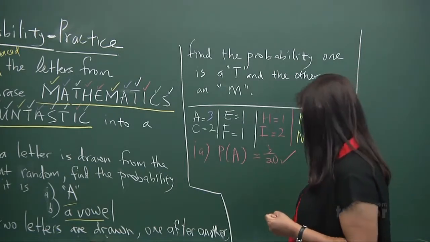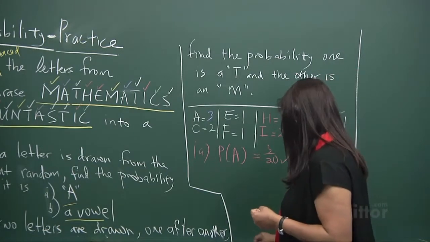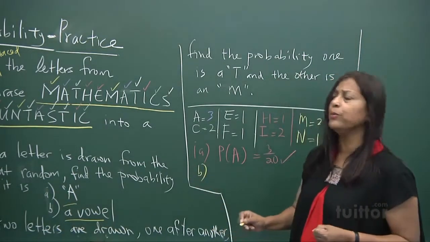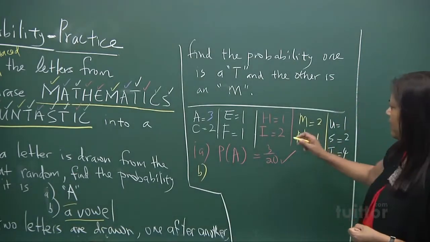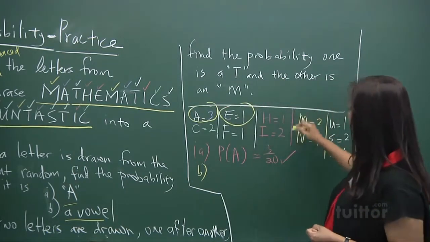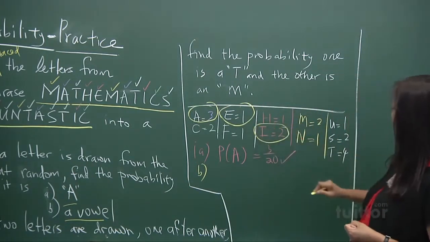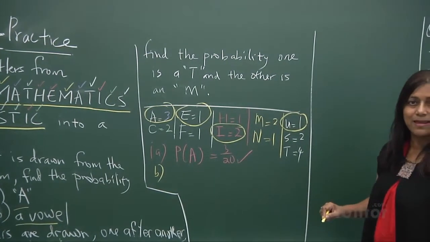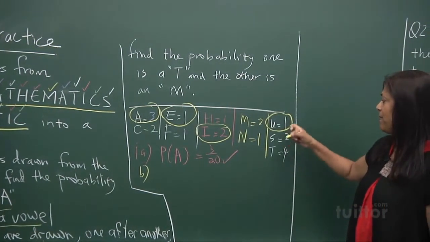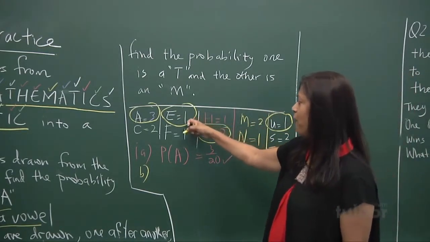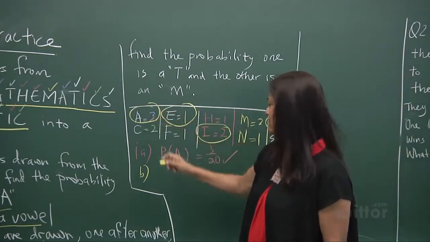Now what's the probability that it is a vowel? A vowel. What is a vowel? A, E, I, O, U. These are all vowels. How many of them are there? 1 plus 2 is 3, plus 1, 4, plus 3, 7.